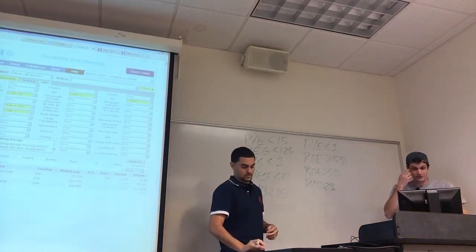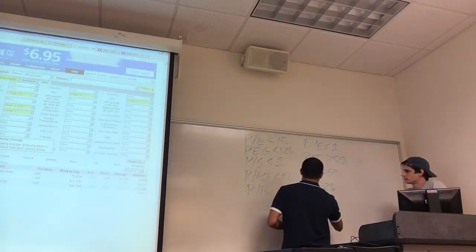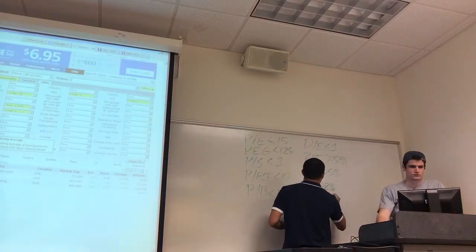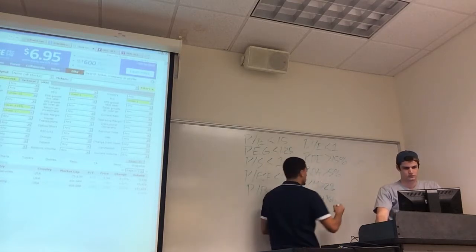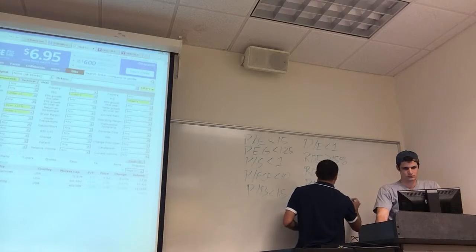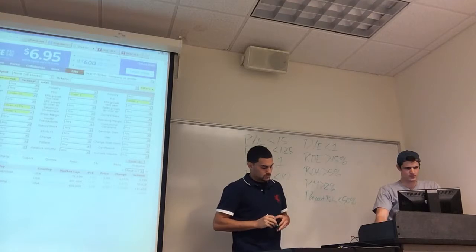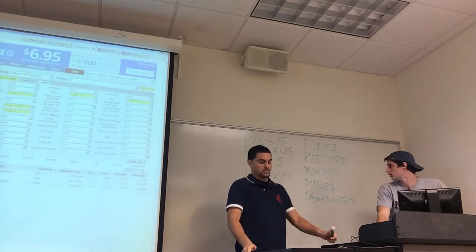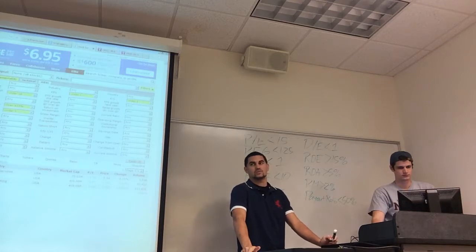Obviously, we've got specific criteria. Payout ratio, you want to have it less than 50%. What does this payout ratio mean? Anybody know what this payout ratio means? It's the proportion of earnings paid out as dividends to shareholders.